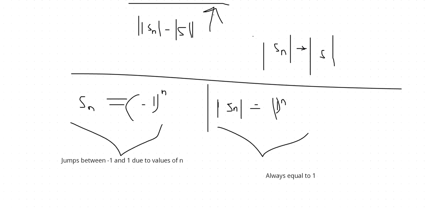Using that, we choose an arbitrarily small epsilon greater than zero such that the modulus of Sn minus s is always less than epsilon, which is the formal definition of convergence. For the converse, we used a counterexample which did not hold true.